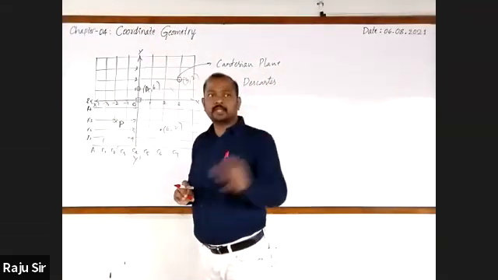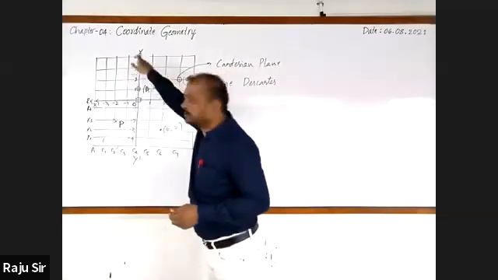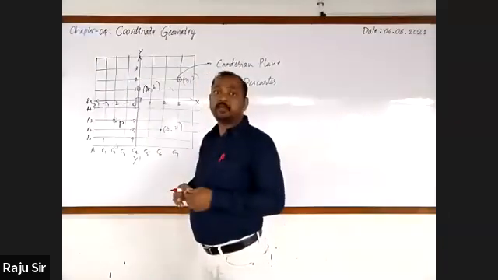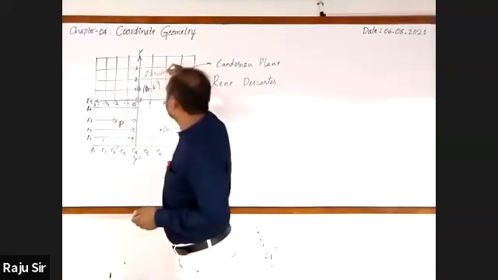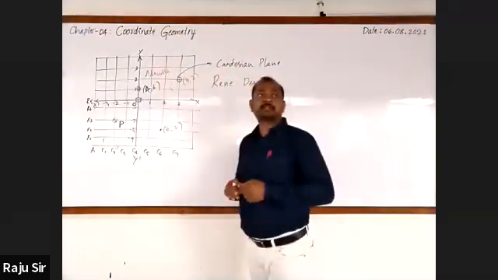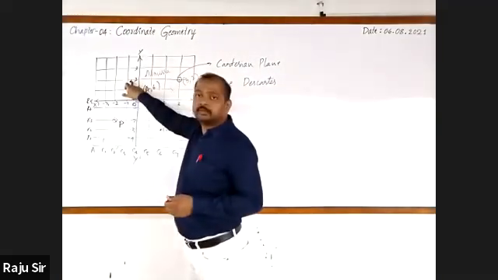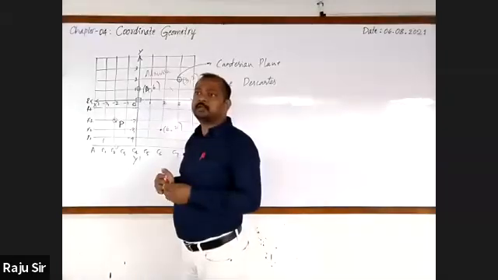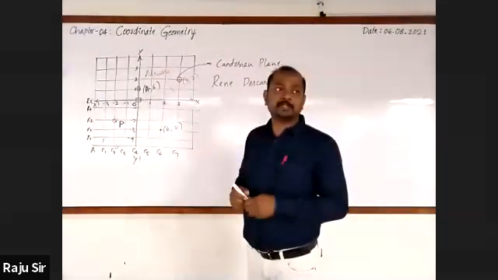Perpendicular distance between the given point and the y-axis. It is called abscissa. The perpendicular distance of the given point to the y-axis is called abscissa.